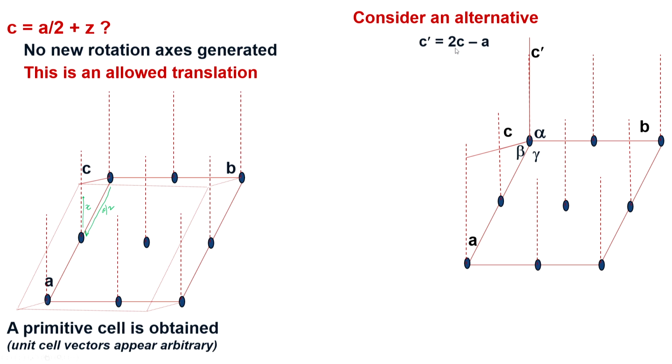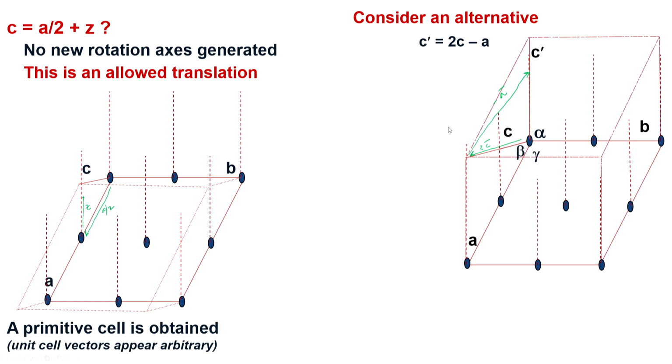So, C prime equals 2C minus A. So, this is the 2C vector and then I go along minus A. So, this is the minus A vector bringing me to C prime.